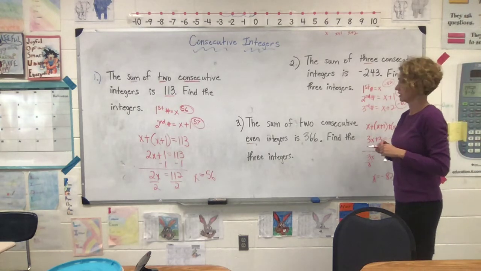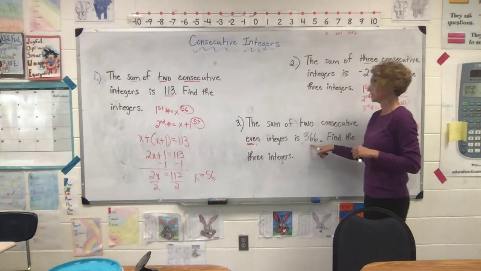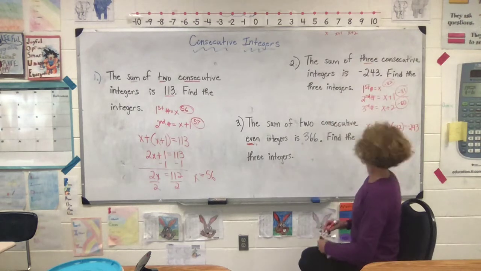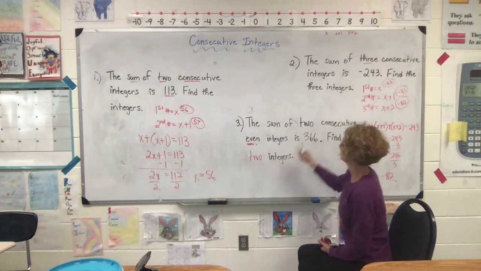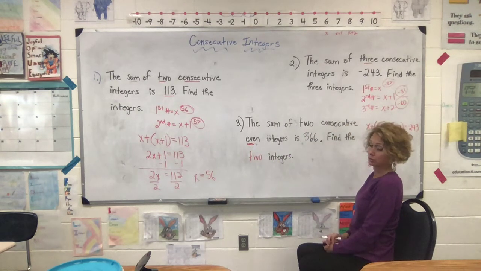Let's look at this one. My third question says, the sum of 2 consecutive even integers is 366. Find the 2 integers. Now, even means numbers are increasing by 2.